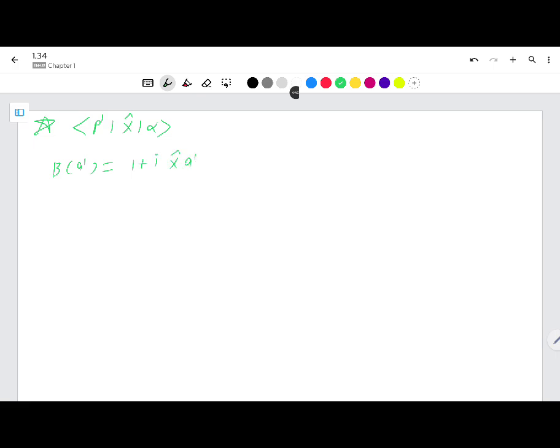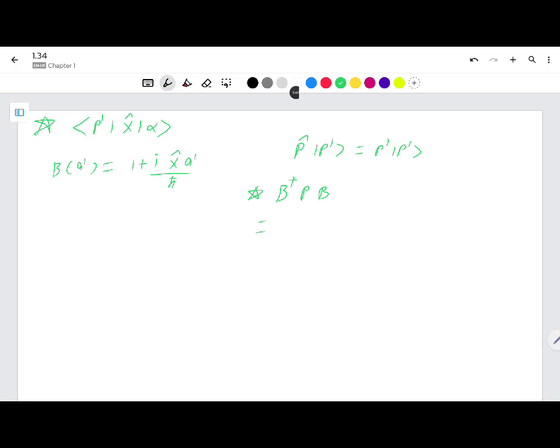So we know that the P operator on p prime gives p prime times p prime. I would like to see now that if I do B dagger P B, what will be the cumulative effect?